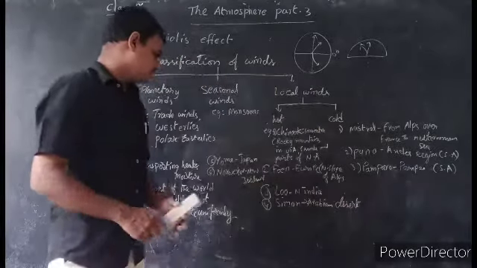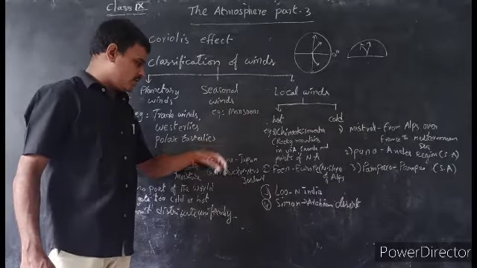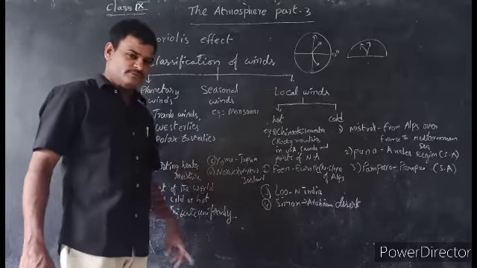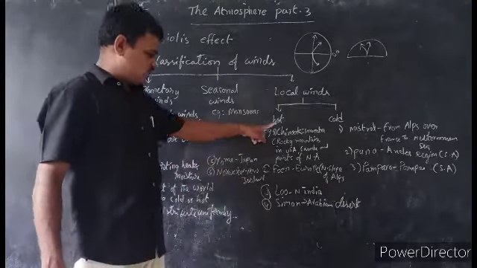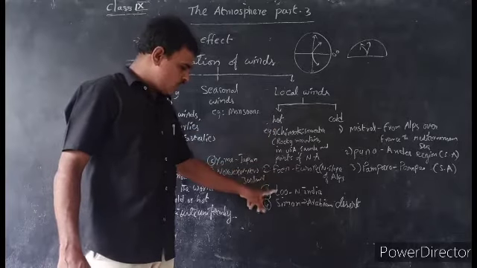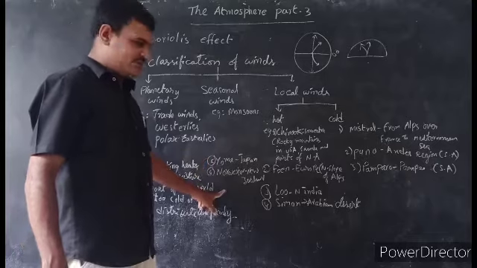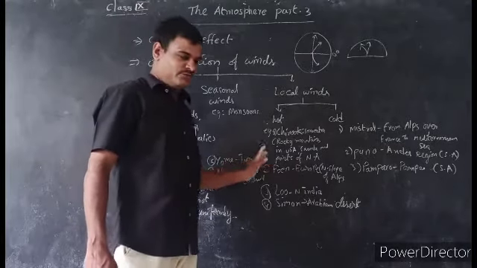Yoma is also a hot wind in Japan. Nor'westers in New Zealand. Once again: Chinook, Fohn, Loo, Simoon, Yoma, Nor'westers. This is about the hot winds.